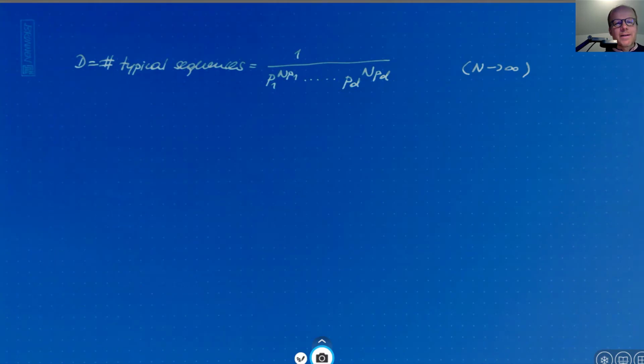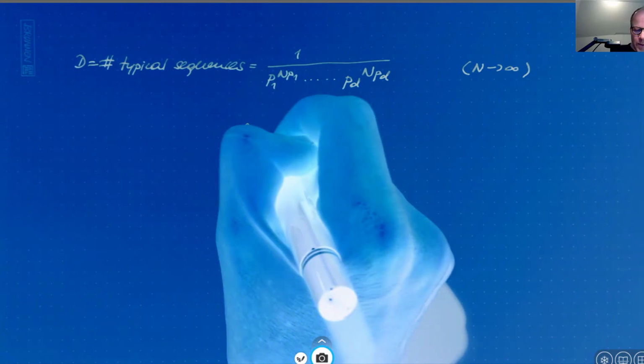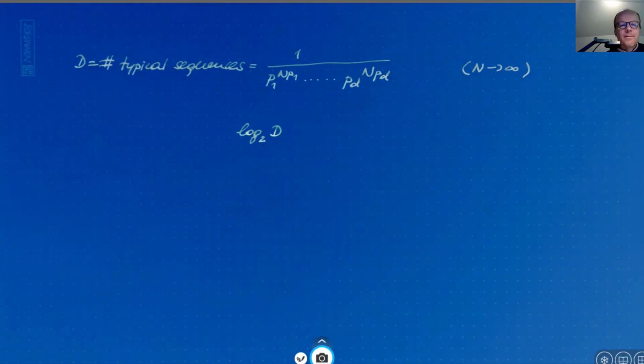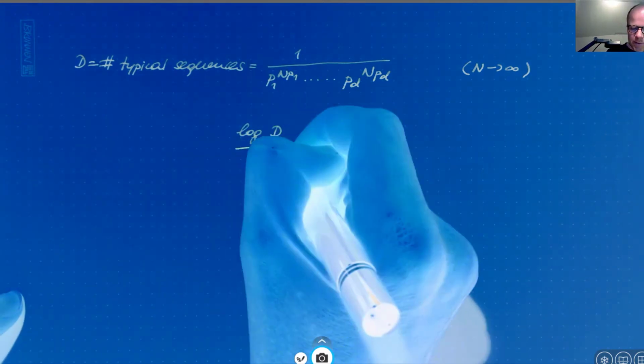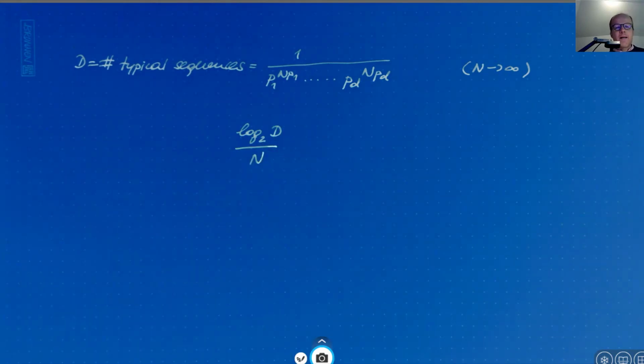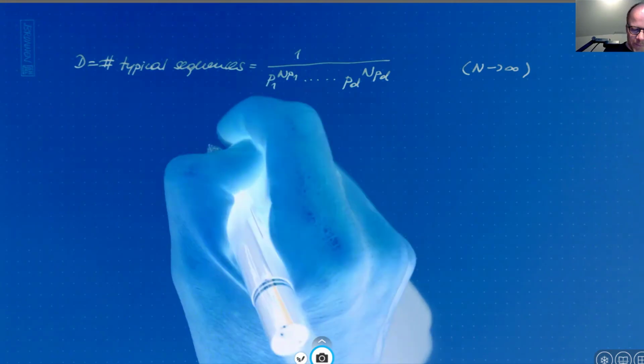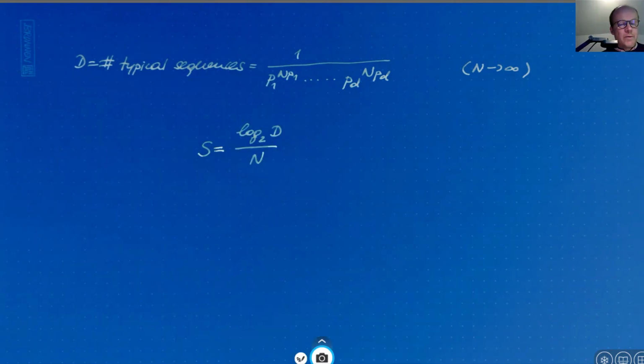And to communicate these possibilities, she needs the binary log of D bits, according to the result on the previous page. Now this is the number of bits that she needs to communicate the entire typical sequence, containing the results of n trials. And then per trial, this is the binary log of D divided by n. And this is by definition the Shannon entropy.